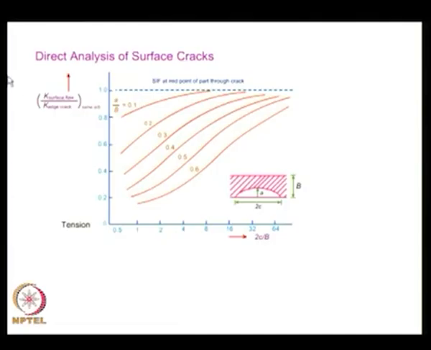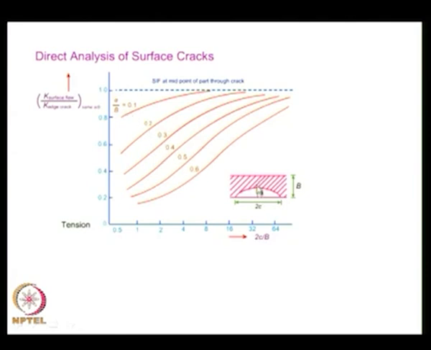And there was also parallel numerical effort. And what was the numerical effort? We saw direct analysis of surface cracks. And how do you interpret this figure? You have a crack which is having a depth a and length 2c, and you also have a ratio a by b, and a by b is increasing here. And what does this graph show?